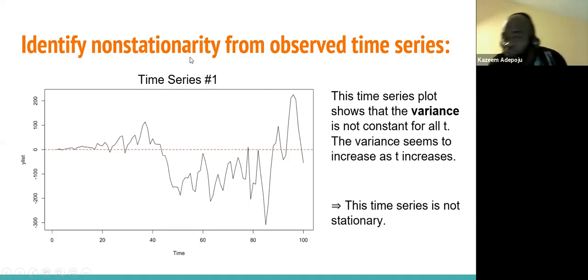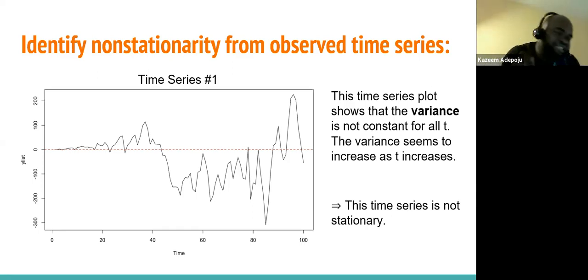And you know what? A situation like this is more or less like an assumption violation that we did in linear regression, because time series models actually have assumptions of stationarity.